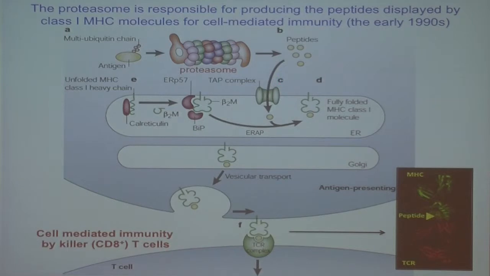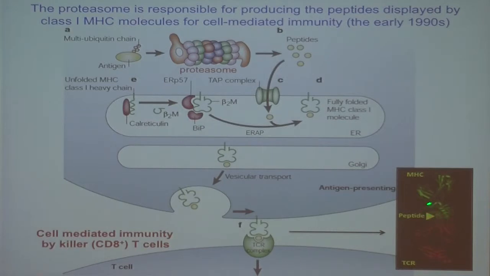Two or three years later, the Alfred Goldberg group, using a proteasome inhibitor, found that the proteasome is a processing enzyme. On the other hand, as you can see here, the TCR recognizes non-self peptide together with the MHC molecule.